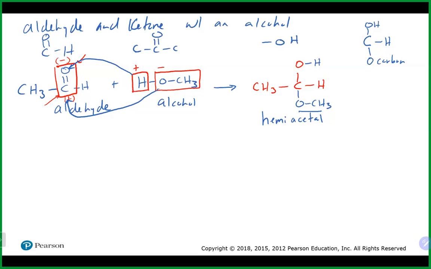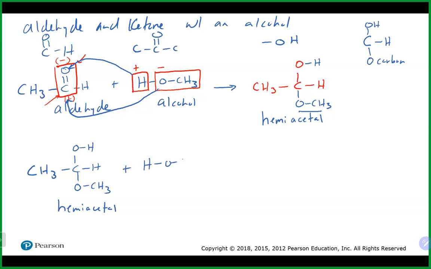If you add two alcohols to that aldehyde, you will end up with the hemiacetal, and then that hemiacetal will continue to react. So if I just start with what I just made there, and we add one more alcohol to it, and I'll do the same alcohol.